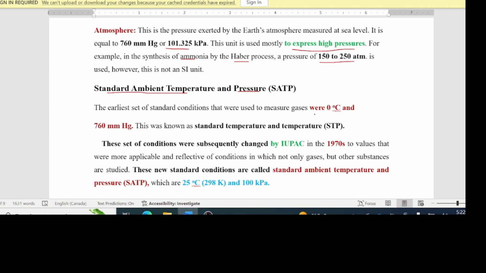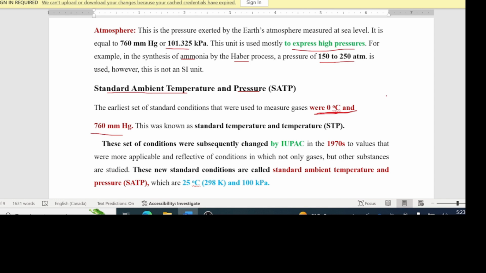Originally, the conditions for experiments and for reporting things produced, such as gases, were 0 degrees Celsius and 76 centimeters of mercury as a standard. That is known as standard temperature and pressure. So if you wanted to measure some gas, you had to create conditions where the temperature is 0 degrees Celsius and the pressure is 76 centimeters of mercury.